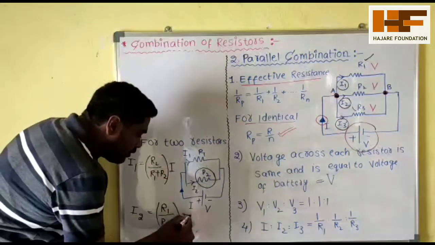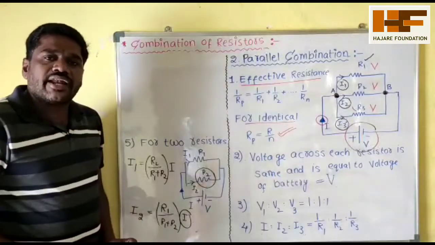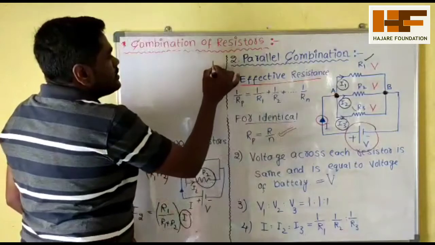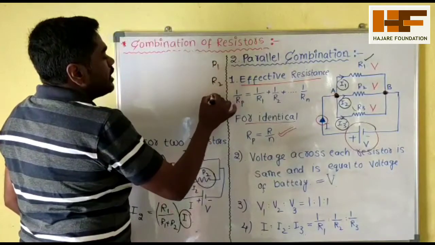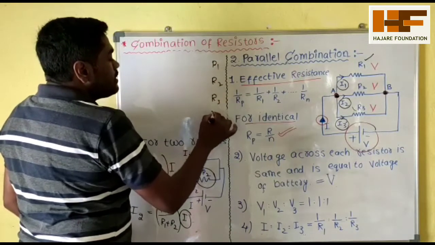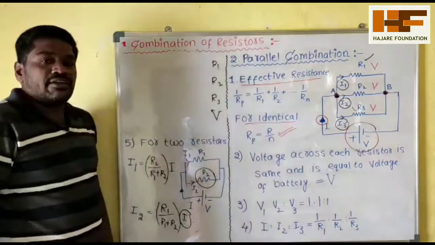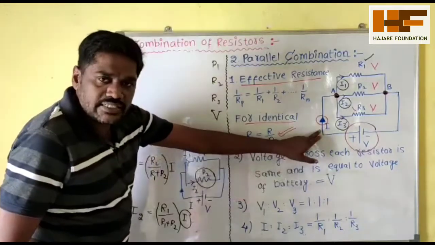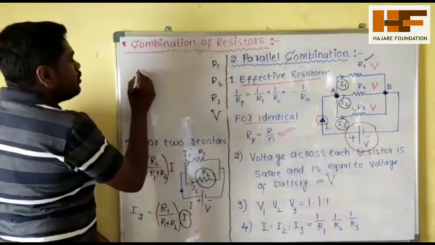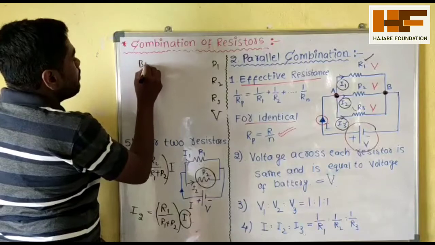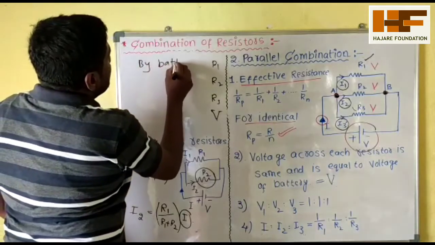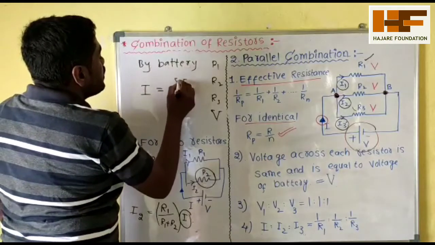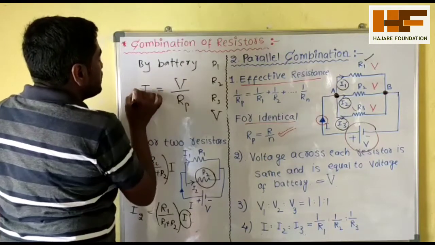But how to find the I? They won't give the direct value of I. They will give the resistance of the first one, the second one, the third one, and the voltage supplied by the battery. Only this data they will give, not the current supplied by the battery. The current I is equal to voltage by total effective resistance Rp.